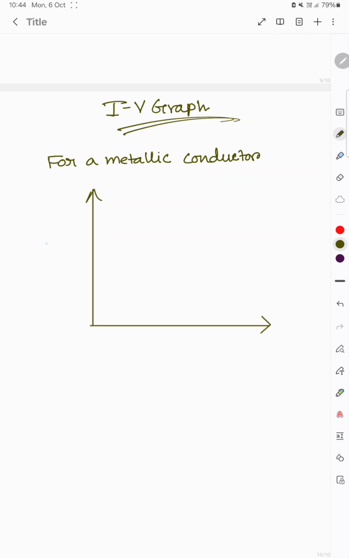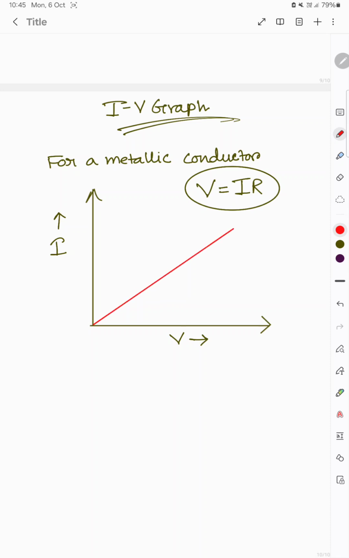Here I am placing I on the vertical axis, V on the horizontal axis, and we know that V equal to IR is a linear equation. So it will be a line. So it is the graphical representation of Ohm's law.